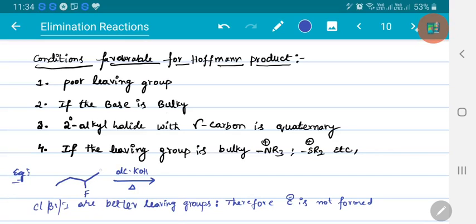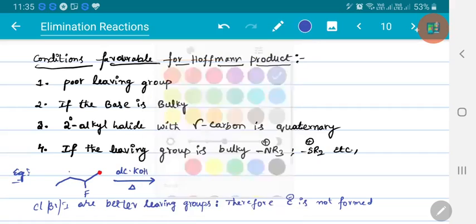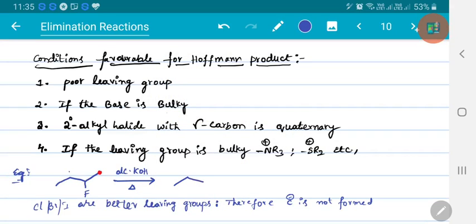Now here, first the base will abstract this acidic hydrogen, forming a negative charge. Among carbanions, primary carbanions are more stable. Therefore, instead of getting the negative charge over this carbon, you will get the negative charge over this carbon, because this carbanion is more stable. After getting the negative charge here, that negative charge shifts and fluorine is lost.